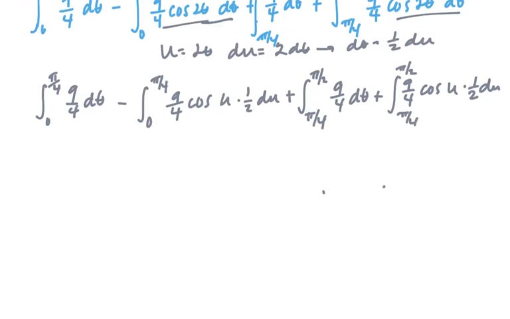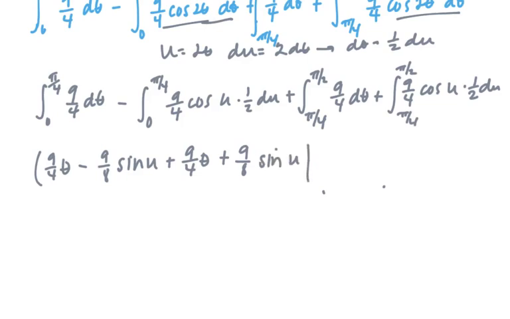So now we can integrate, and we get 9/4 theta minus 9/4 times 1/2 is 9 over 8. And then the integration of cosine of u is sine of u, plus 9/4 theta, plus 9/4 times the half is 9/8, and the integration of cosine of u is sine of u. Oh, we don't have the same bounds, so let's split this.